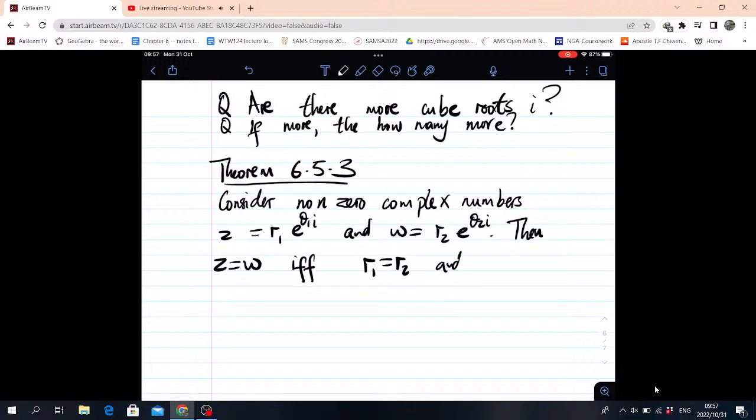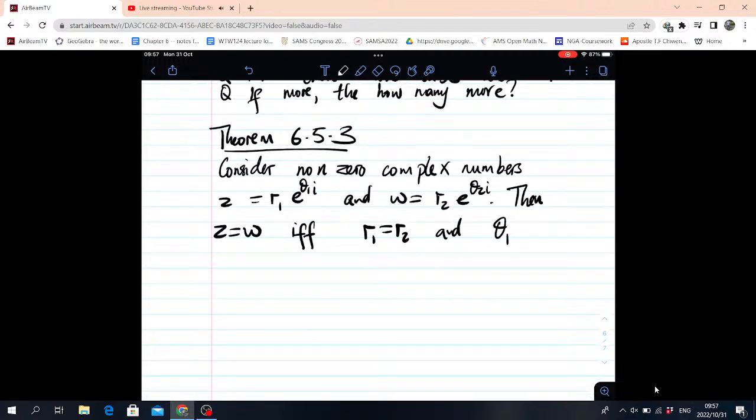But on the angle, we have theta 1 is going to be equal to theta 2 plus 2 pi k for some integer k. So we can see that for the angle, because we know that sine and cos are periodic with 2 pi period. So whenever you add this, it's not going to affect the actual angle when you're trying to find cos or sine, right?